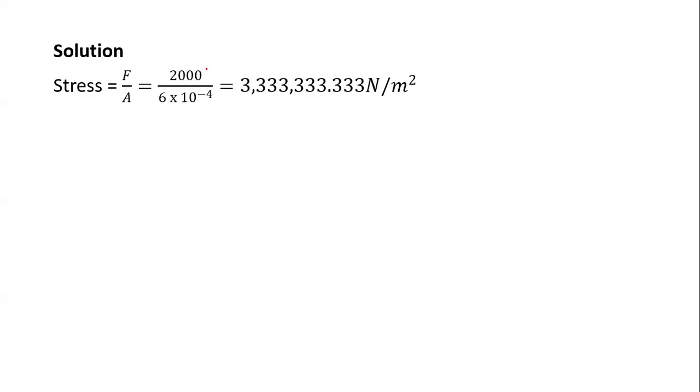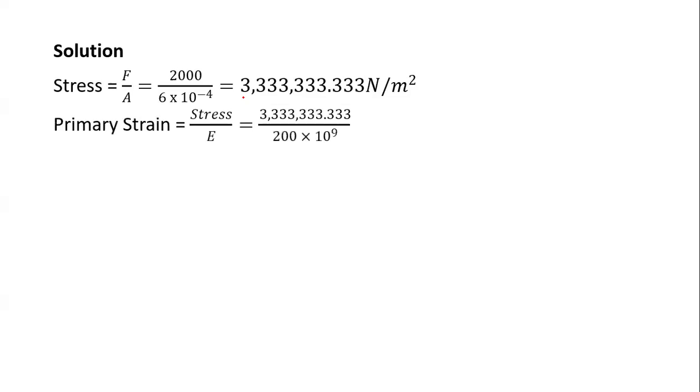From your calculator, you enter this, you get your stress, which is 3,333,333.333. Then we can now make progress from there. What about the primary strain? To get the primary strain, we involve Young's modulus, because here we're saying strain is stress over Young's modulus.